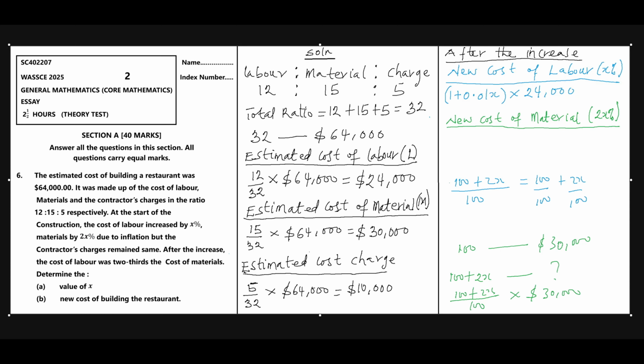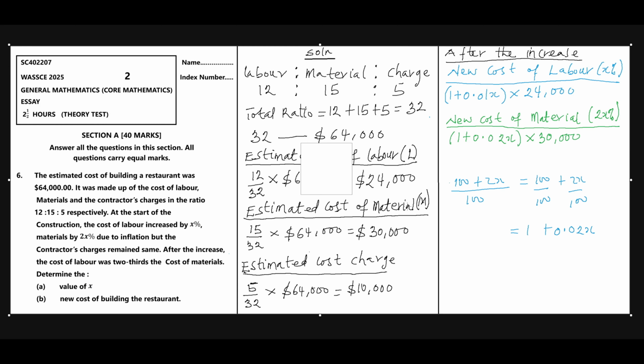So that is 1 plus 0.02x multiplying 30,000. This expression will give us the new cost of material.